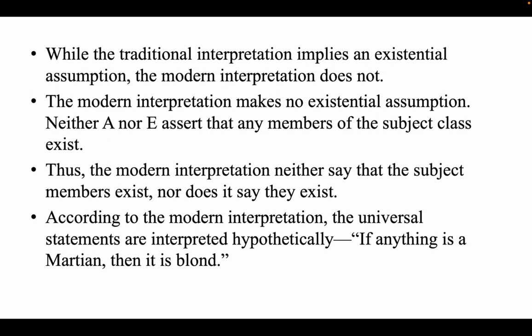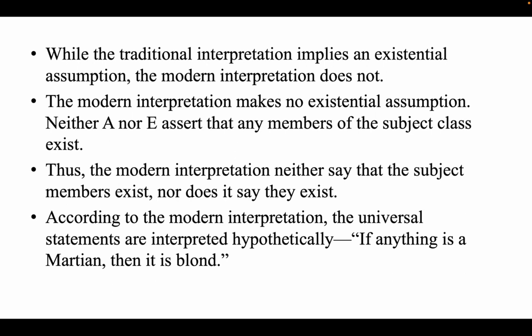So, according to the modern interpretation, A and E do not assert that the member of the subject class really exists. So what do they assert? The modern interpretation makes a hypothetical statement. The modern interpretation says that the universal statements are hypothetical.